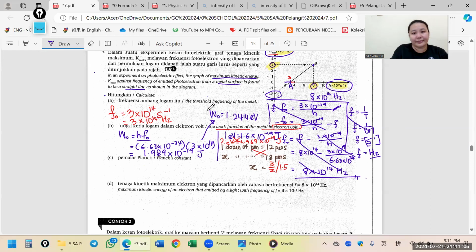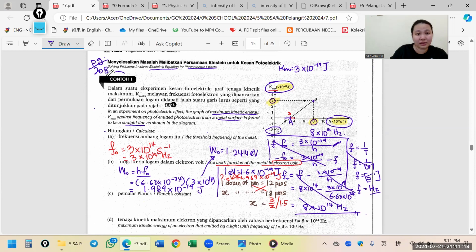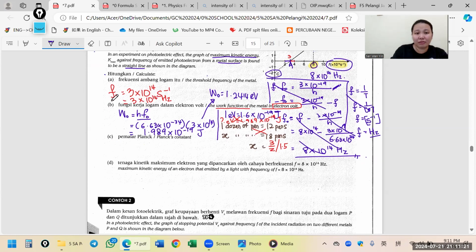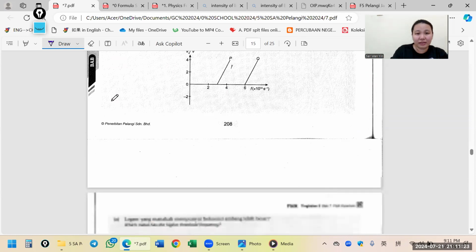Okay, I think I need to restudy this about the graph. My fault. I'm sorry, I need to restudy this.